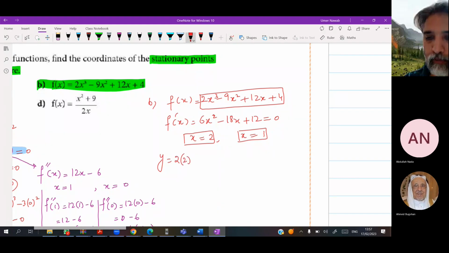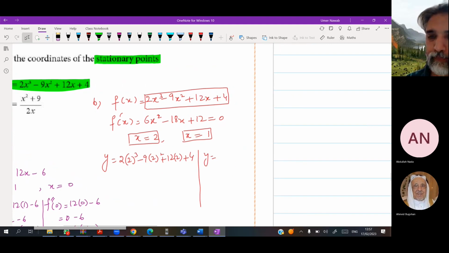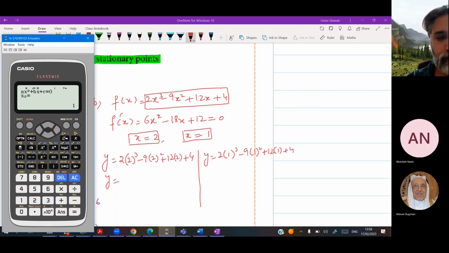So 2 power 3 minus 9 times 2 squared plus 12 times 2 plus 4, and I will also substitute 1. Now we will use our calculators.